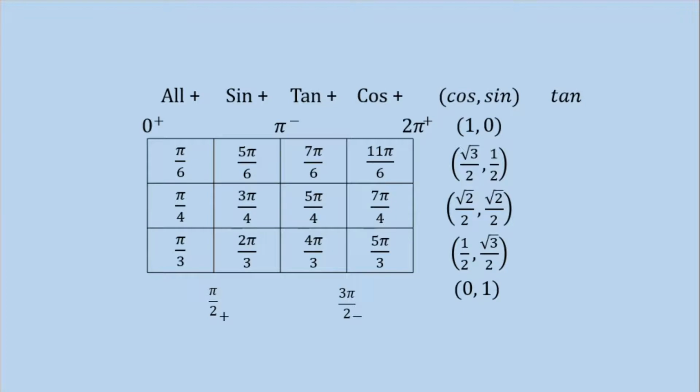Now tangent is sine divided by cosine. So I'm just going to solve and fill all of these in. When I divide though, I'm not going to worry about the denominators. Since they're all the same, they're going to cancel out anyway, so there's no point in me worrying about them. 0 divided by 1 is going to give me 0. 1 divided by root 3, when rationalized, is going to give me root 3 over 3.